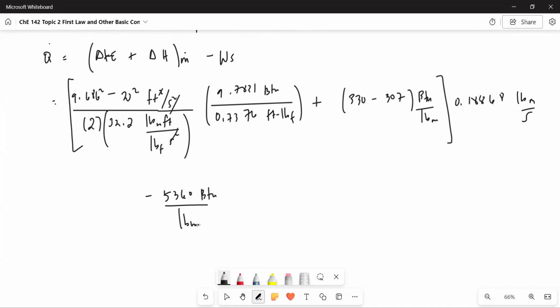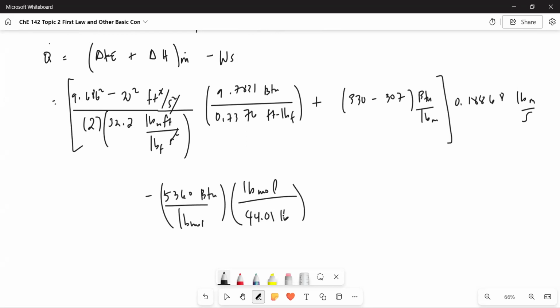So we have to convert pound mole to pound mass, using the molar mass. So this is the reciprocal of the molar mass.